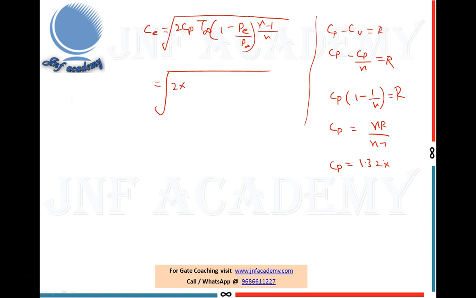So if you substitute the value of R here, divided by gamma minus 1, which is nothing but 0.32. The R value is also given in the question. You will get your Cp to be 1558.875.